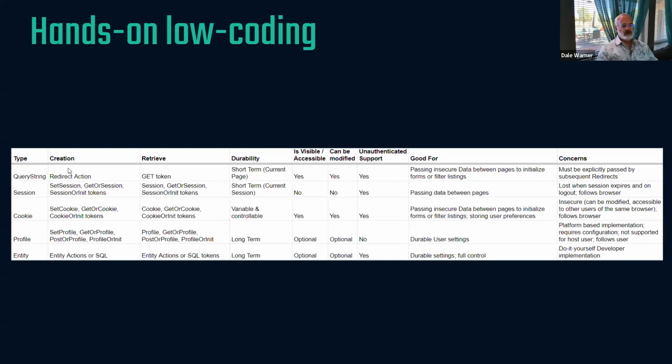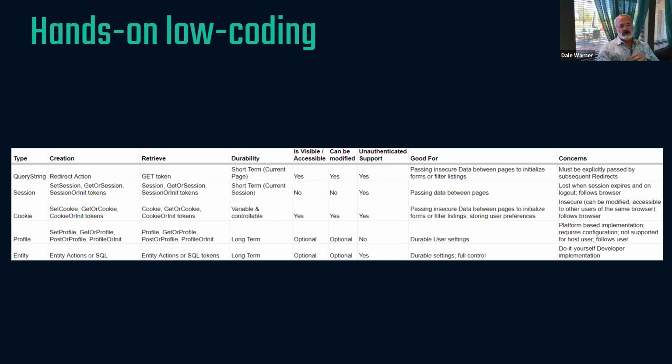Each of these has different properties. There's some way to create some session state, and some way to retrieve it when you're on the next web page that you're going to. There's a different durability: how long does that piece of information last? Whether or not it's visible and accessible to the user, whether or not it can be modified by the user, and whether there's support for it when your user is not logged in, which would be an unauthenticated user.